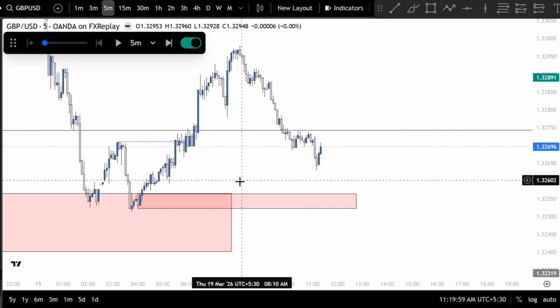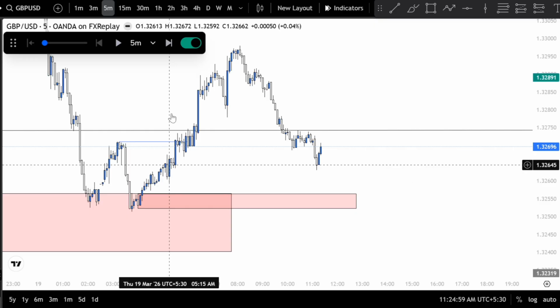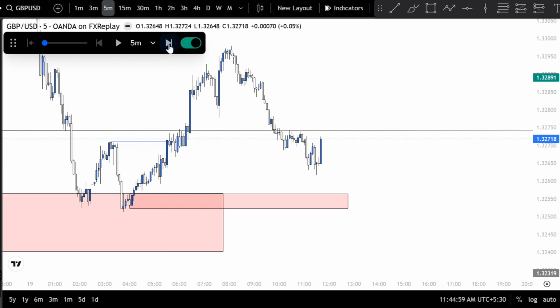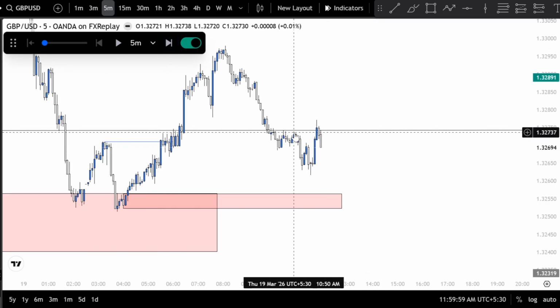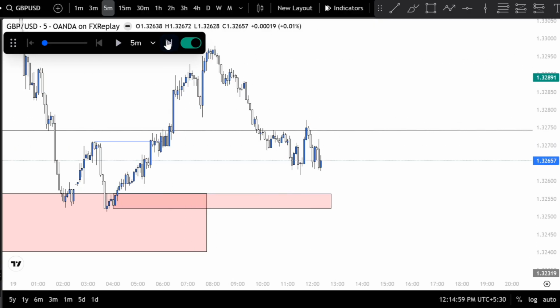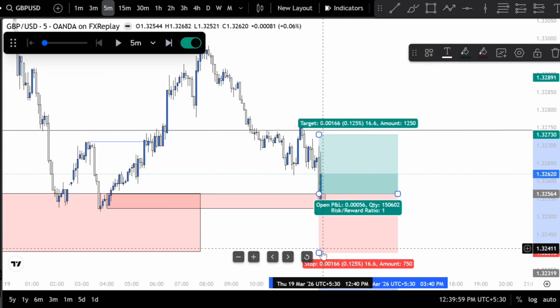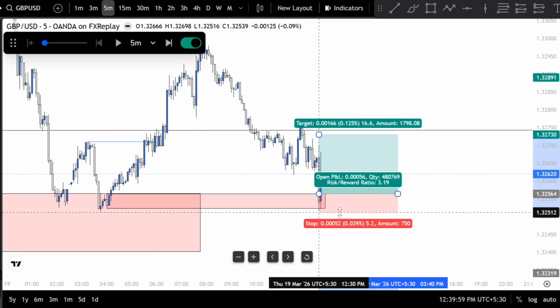Play forward. Okay, price respected this area, creating liquidity here. Good confluence. See, people will consider this as market structure shift, trapping buyers. Price will sweep liquidity. Bam, liquidity swept. Price tapped into our zone. Right, stop loss below this low.